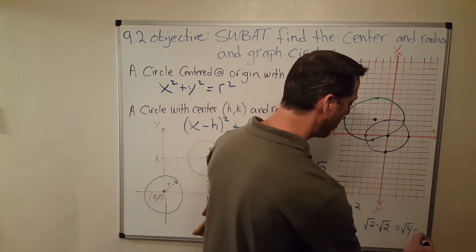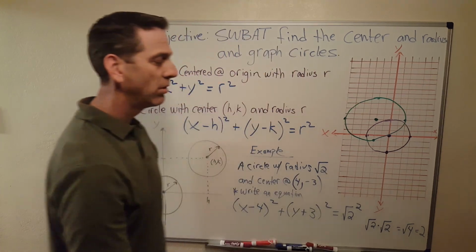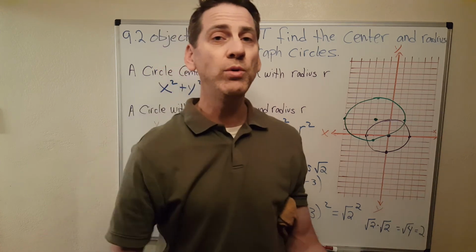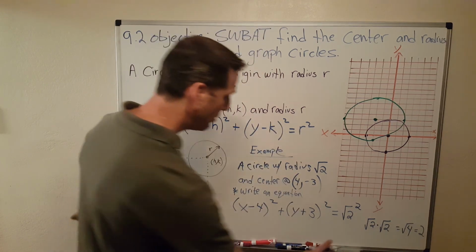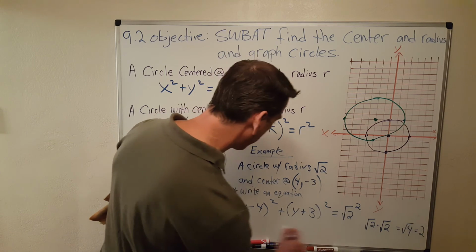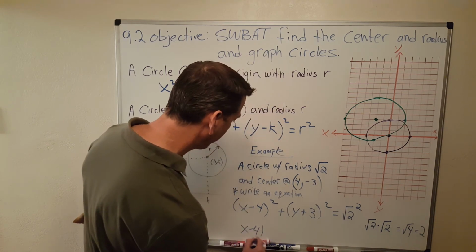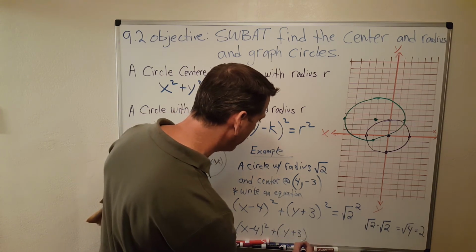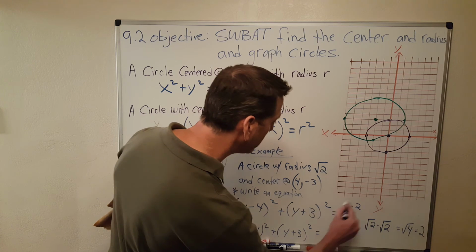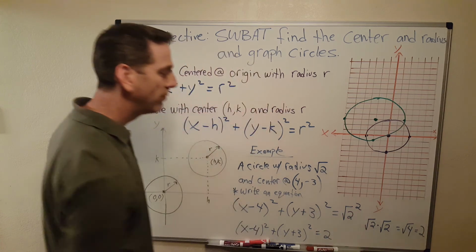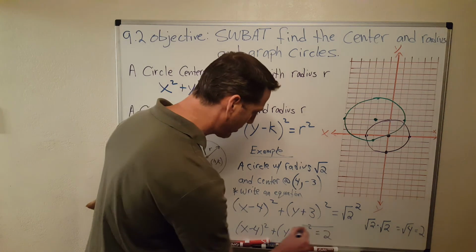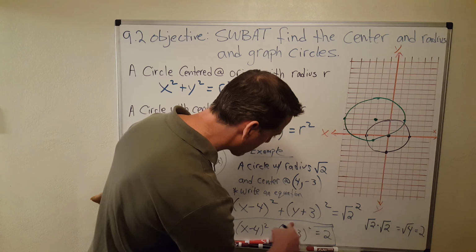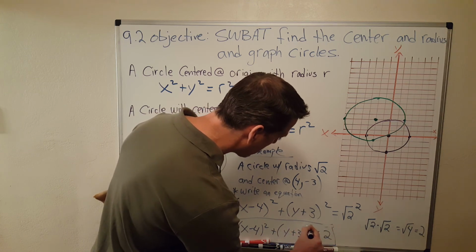And the square root of 4 is 2. So the square root and the square, they undo each other because they're inverses. So I'm just simply left with x minus 4 squared plus y plus 3 squared equals 2. And there's my equation.